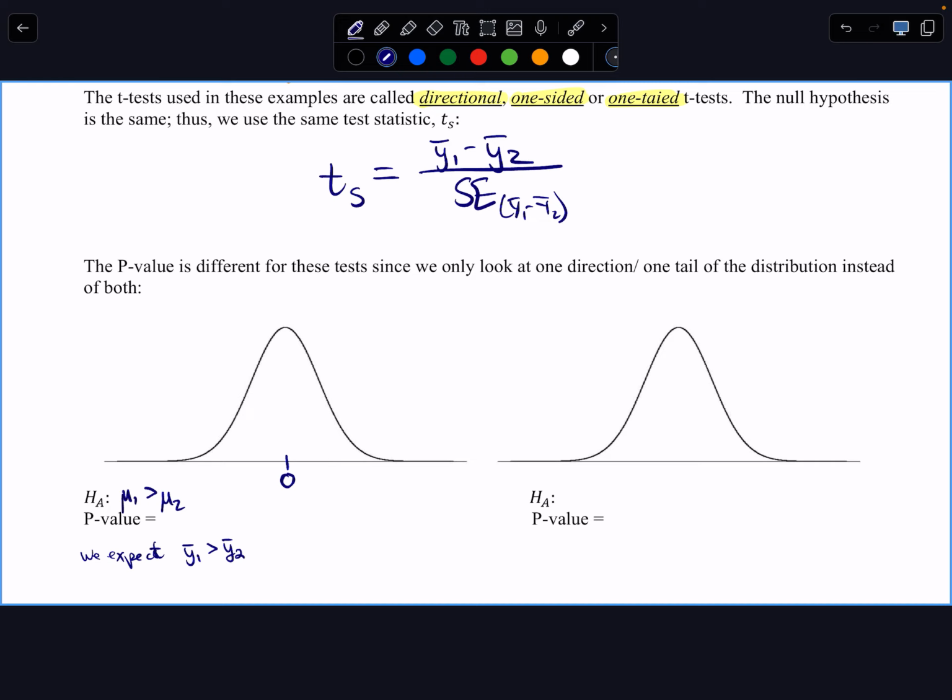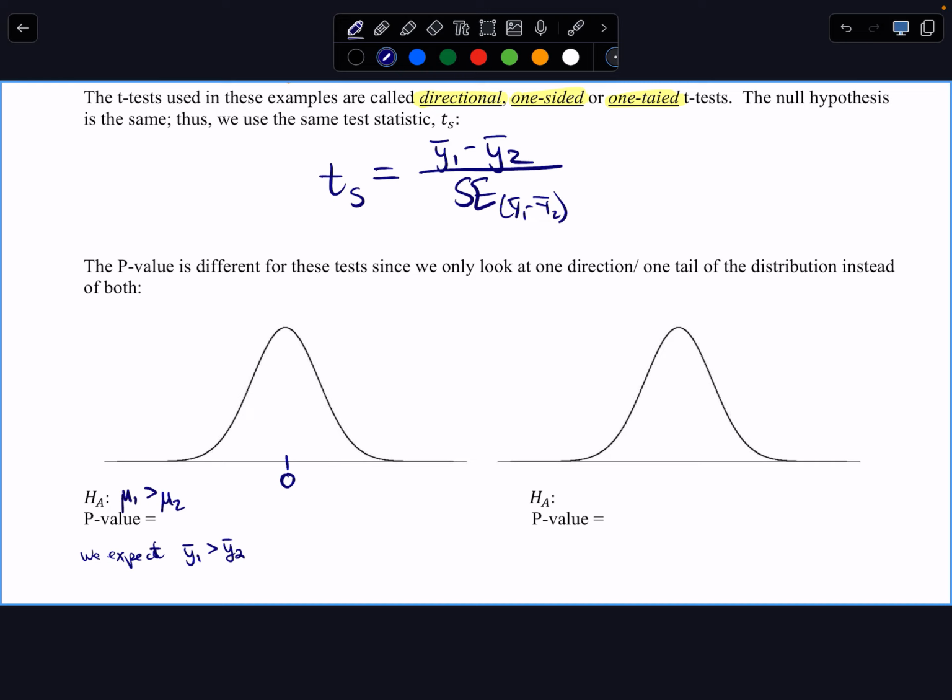We should see the same result in our sample data. If this is our alternative, this is our educated guess. So in general, if we're going to do an alternative hypothesis like that, we would expect this to occur in our sample: the sample mean 1 would be greater than sample mean 2. Is everybody with me? All right.